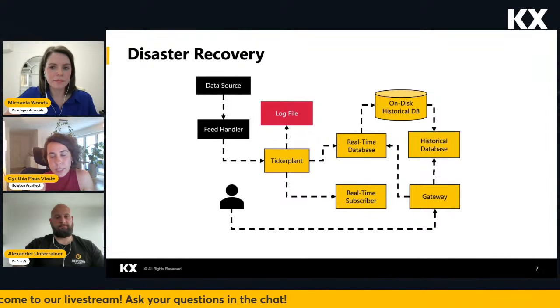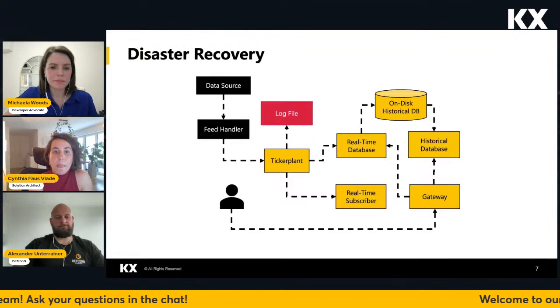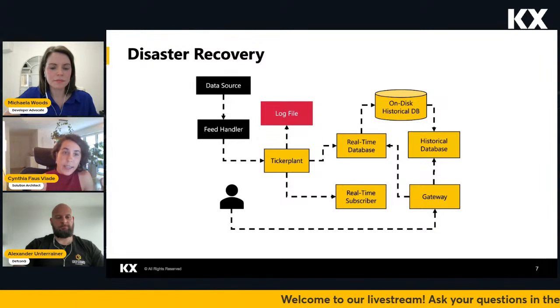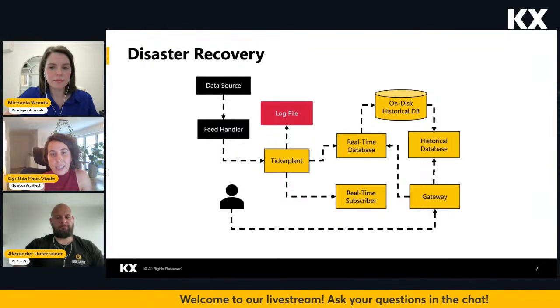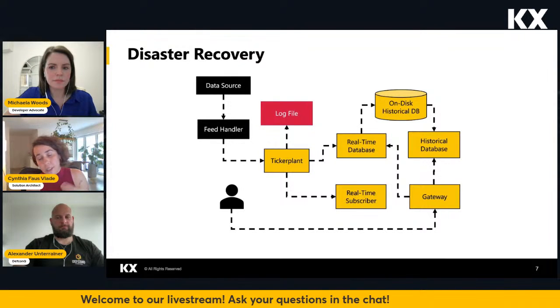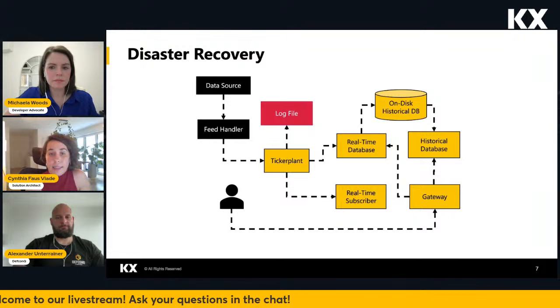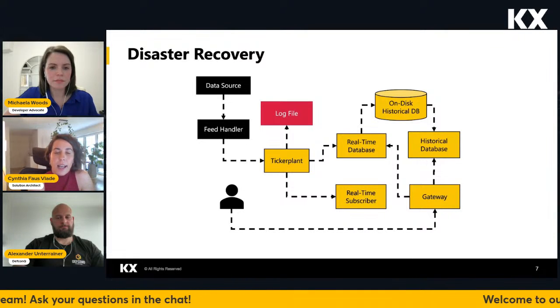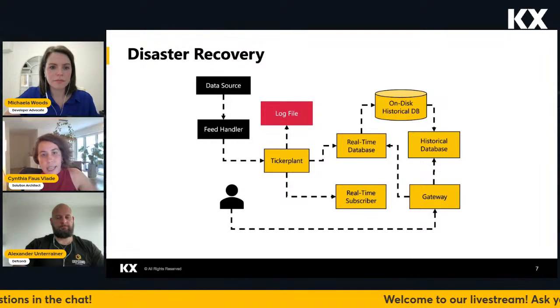For example, taking the easy one, which is the RDB, if that process has to be restarted, you want all of the data that you have in memory to be back in memory. So the easy configuration is you will just replay that ticker plant log file back into memory, and then that side is sorted.